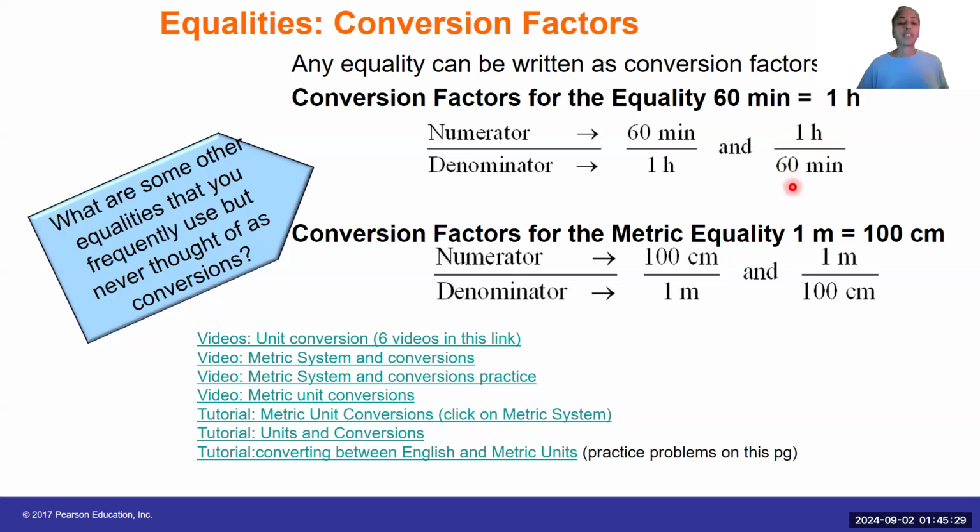We already looked at metric equalities. If we have 1 meter that is equal to 100 centimeters, then I can write 100 centimeters per 1 meter, or I can write 1 meter per 100 centimeters. All of these conversions are equalities, and they equal 1.